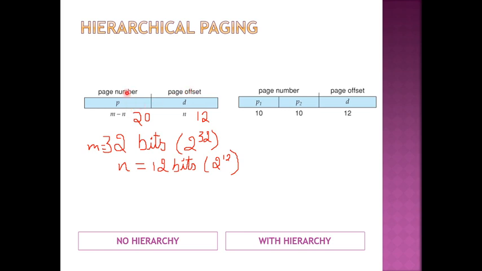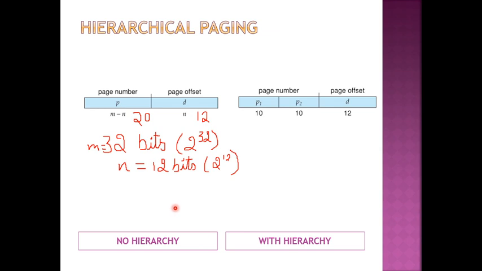So how many entries will there be in the page table? The entries in the page table will be 2 raised to 20. Why 2 raised to 20? Because this much space is required in the page table to store all the values. Again, this is one simple example. If the page table entries are more, then more space is required.